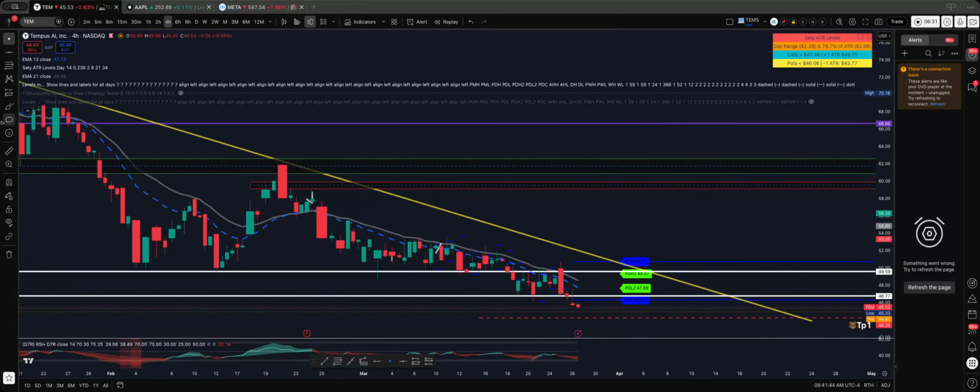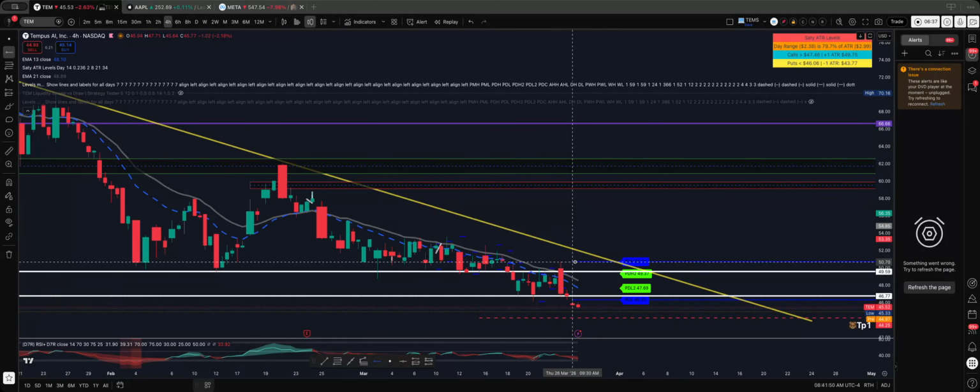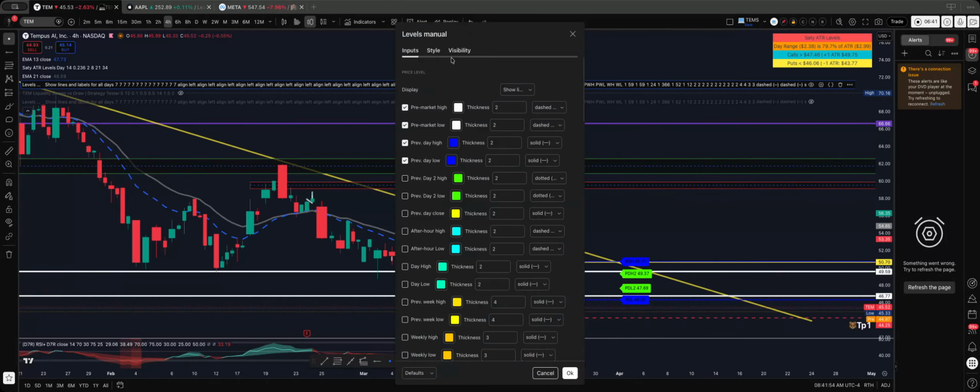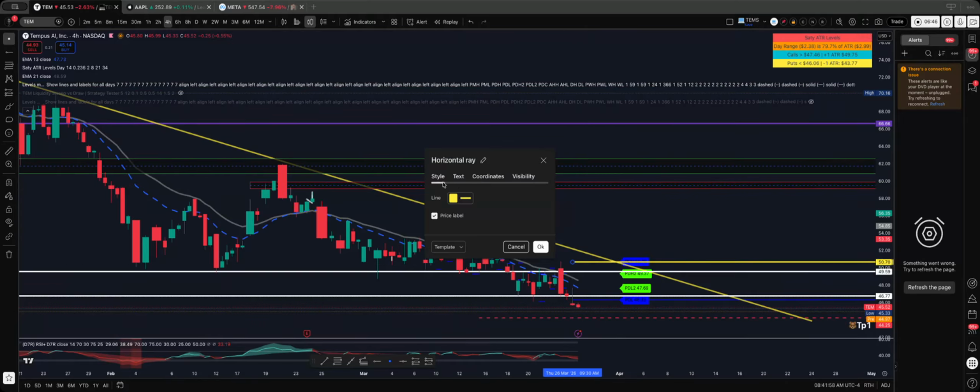What we could do is go here and create a horizontal ray. All right. And we can actually, crap, made that line too accurate.